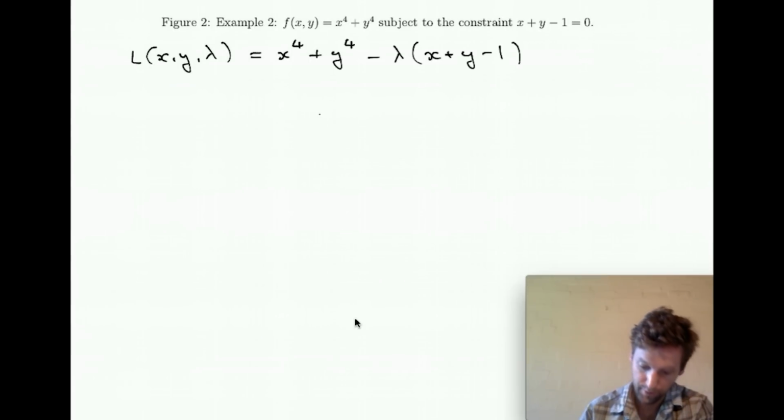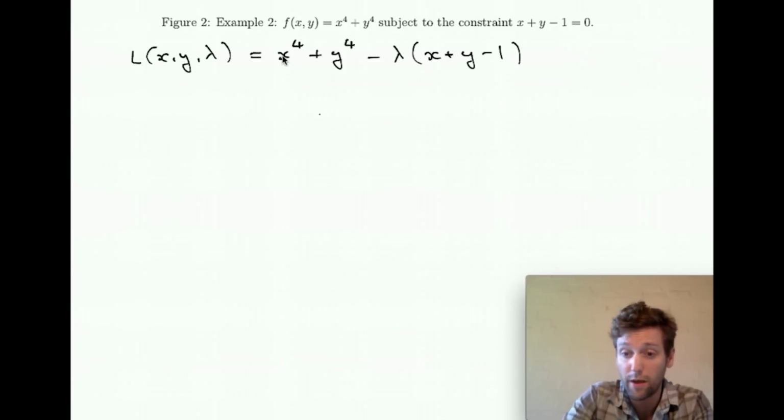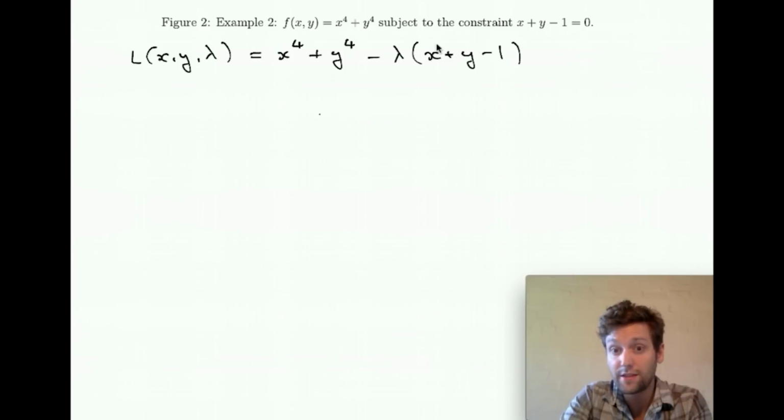Notice that it's important here to correctly put in the function f of x and y first, minus lambda times g of x and y. That is, it's important to distinguish between the function that you're looking for the maximum and minimum values of, and the function that's constraining you. You don't want to get those two confused.